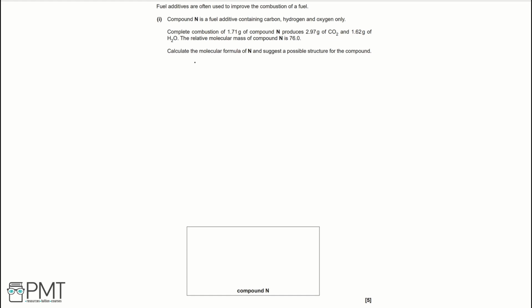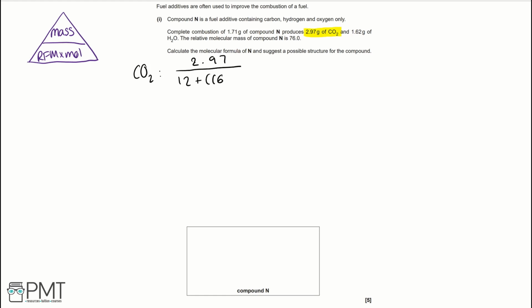The first thing we're going to do in this question is work out the moles of carbon dioxide and water using the equation triangle of mass divided by relative formula mass equals moles. If we start with carbon dioxide, we're given its mass of 2.97 grams, so 2.97 divided by 12 plus 16 times 2, the relative formula mass of carbon dioxide, gives us 0.0675 moles.